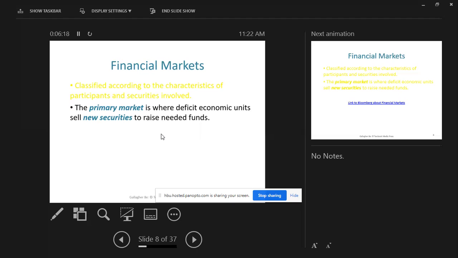In one night, they created hundreds of millionaires, those people who work for Facebook. Before going public, all those individuals had shares, but those shares were not publicly traded, just privately held.